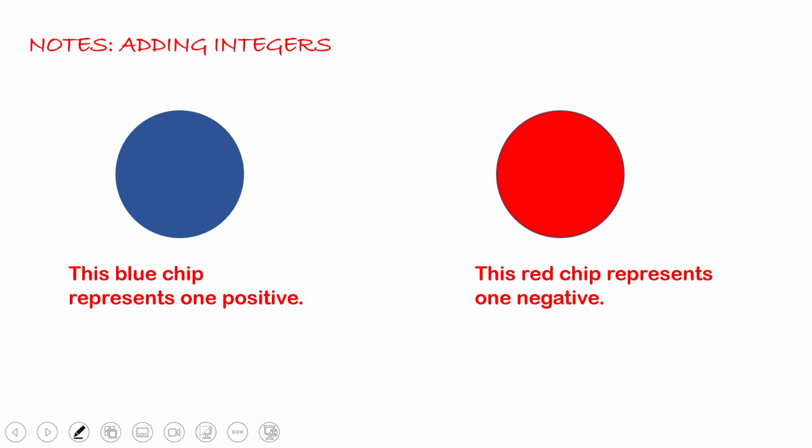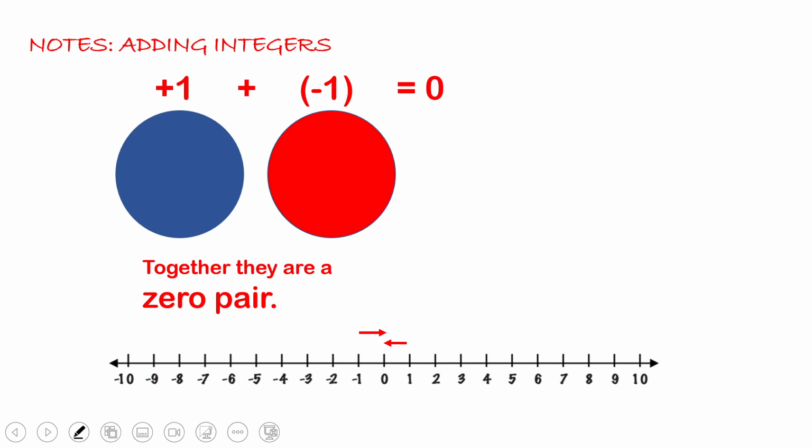We're going to work with some positive and negative numbers and equations for just adding and subtracting, just to give you some base equations to work from. So the blue chip will represent a +1, and the red chip will represent a -1.